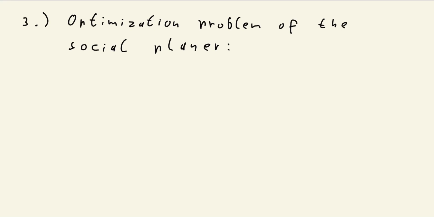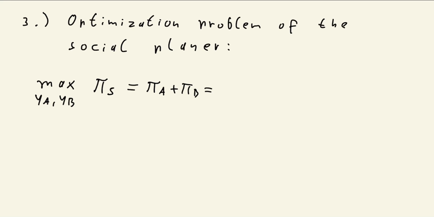The social planner is maximizing over both the amount of steel and fish, so he's maximizing over YA and YB. And he's maximizing the, let's call it the social surplus or the social welfare, which is denoted by pi s. And it's simply the profits of both firms, so pi A plus pi B.